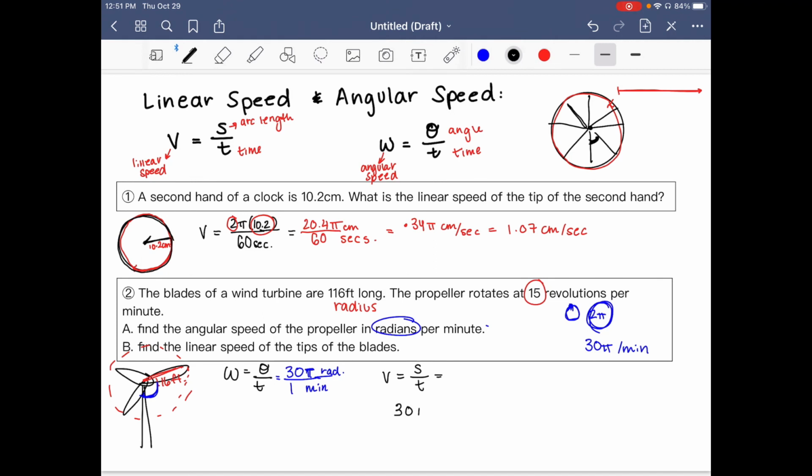My angle is 30 pi out of 2 pi. Yes, that is much more than 2 pi, so we're expecting a big arc length here. Our original circumference is going to be 2 pi times 116. And we want to find what is this arc length? What is S in order to plug it in up here?